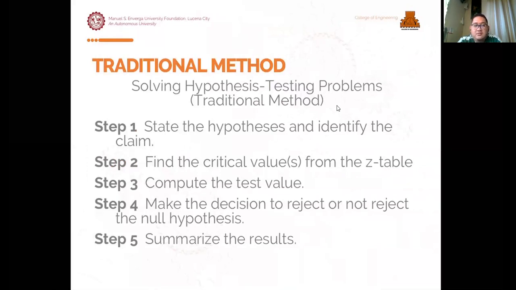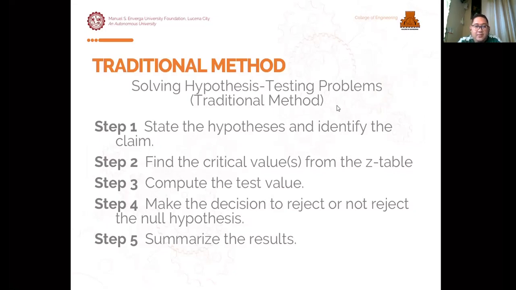So, yun yung gagamitin natin conclusion right after ma-decide natin kung i-reject or accept natin yung null hypothesis natin. Okay? Next is to find yung critical value natin. So, yung critical value will be taken from our Z table. Okay? So, I hope everybody knows how to use yung Z table natin.